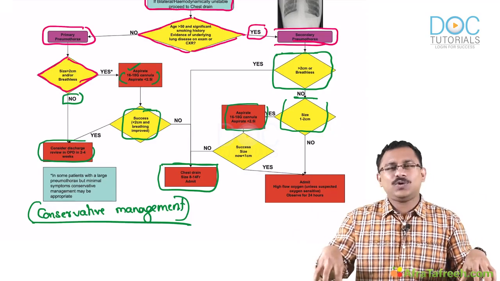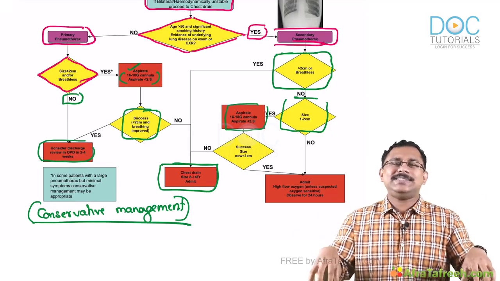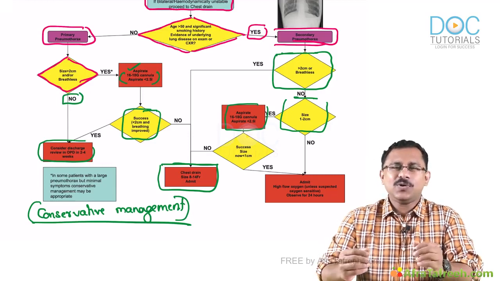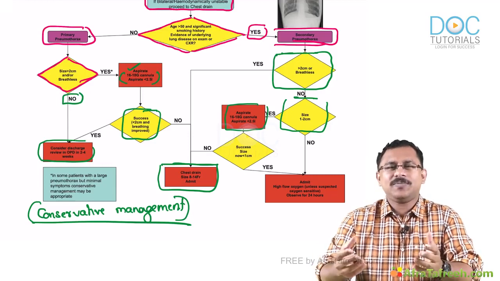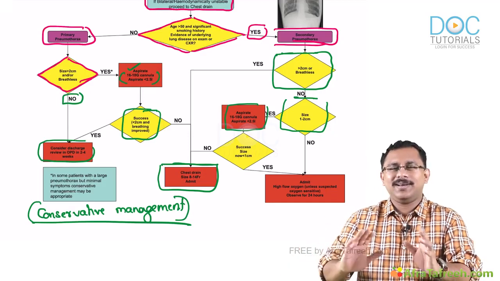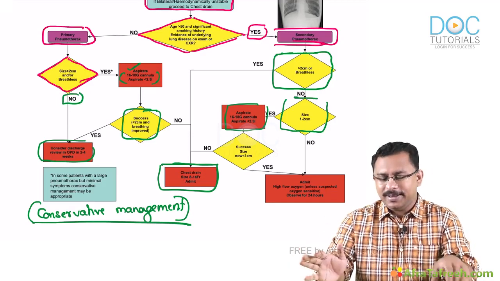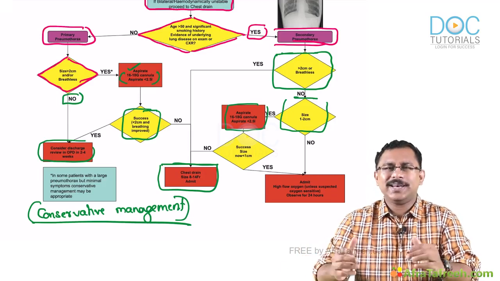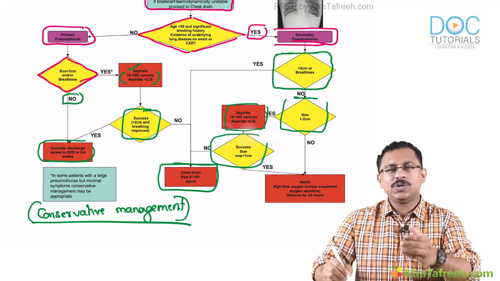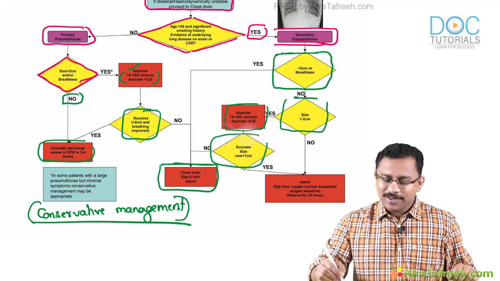Because in secondary pneumothorax, you already know that the patient has some other underlying lung disease. So you would like to secure the lung by putting an intercostal tube, so that you are also safe. But if the size is 1 to 2 centimeter, you can attempt aspiration as per the guidelines. And if there is no success, you can go for the chest tube.